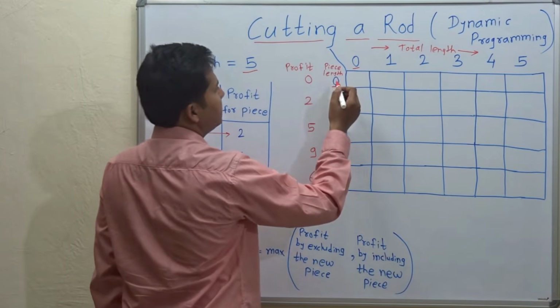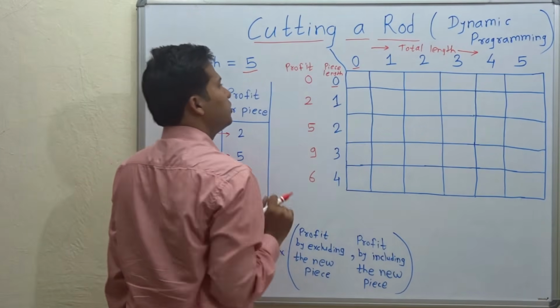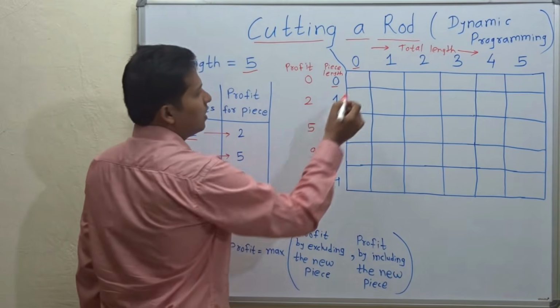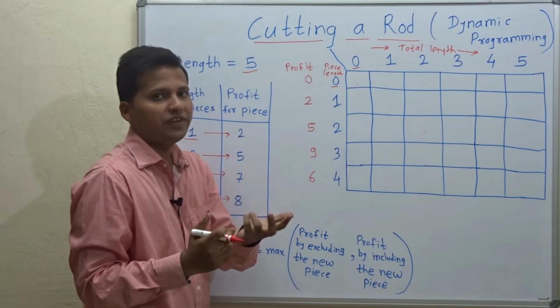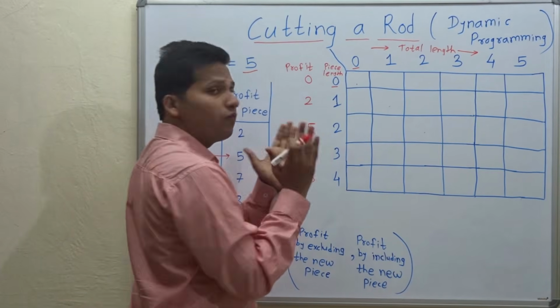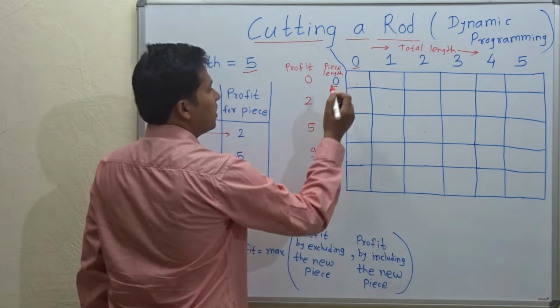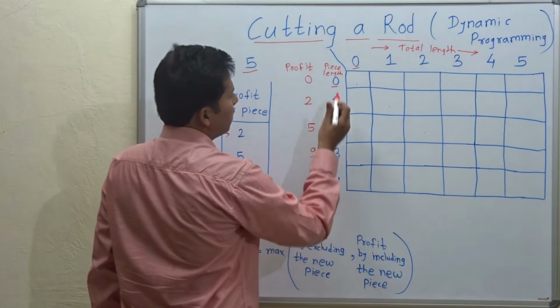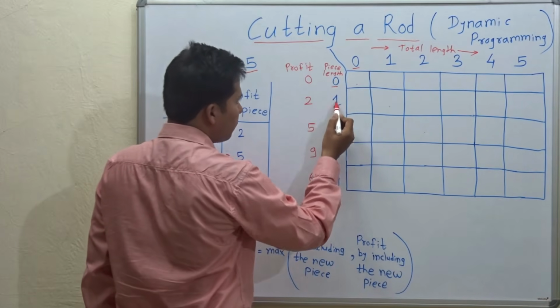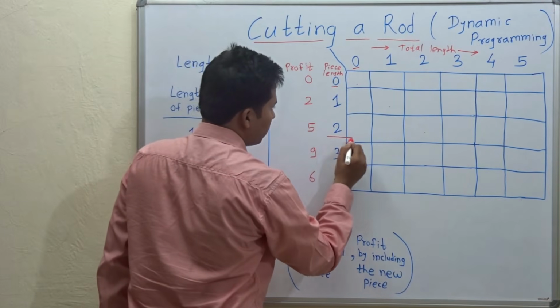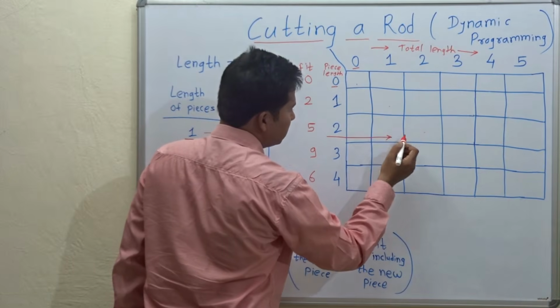So let's see what this memoization matrix means. Each cell of this memoization matrix holds the profit. So profit for what?